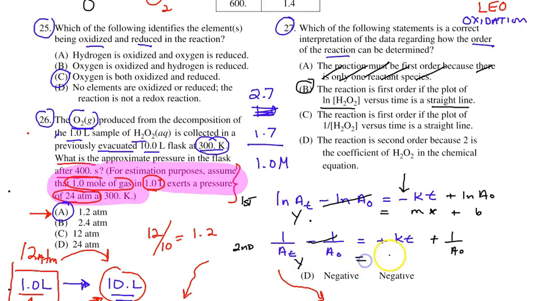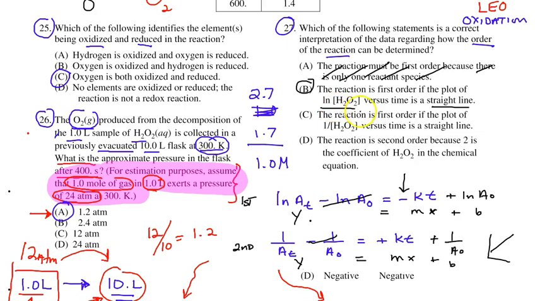Y equals mx plus b over here. This would be a positive slope, straight line, because I have a linear equation. And it'd be a positive slope if I'm plotting the 1 over A, which would be hydrogen peroxide. That would give me a value something like this.